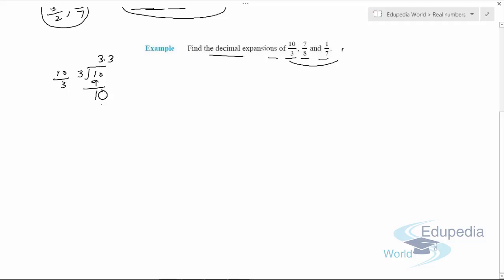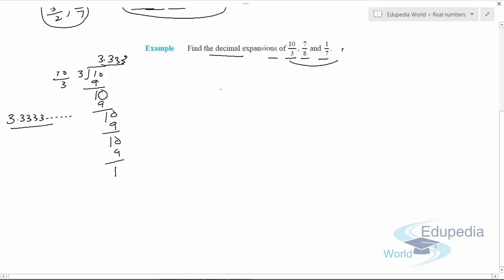So it will come again 3 threes are 9, 1, then again 3 threes are 9, 1. So this process will continue, and we can infer that this number will go on like this: 3.3333. It will go like this only.